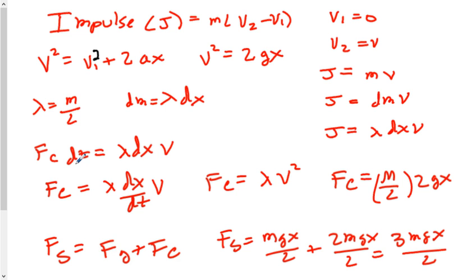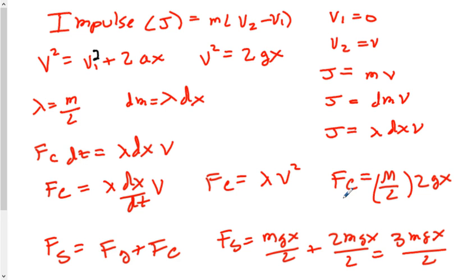This time we're unseparating variables, I guess. We're going to take dt to the other side. So force of the chain is equal to lambda dx/dt. And what does dx/dt equal? That equals velocity. So force of the chain equals lambda v squared. From above, v squared equals 2gx.